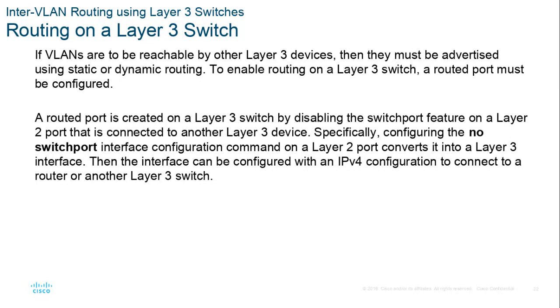We can make it a port that maybe goes to another router or goes to a leased telephone line connection to another location. And we simply use the command no switchport. It's now no longer a layer 2 access or trunking wire. It's a routed wire. Then we can configure it with an IPv4 address and connect to other devices.